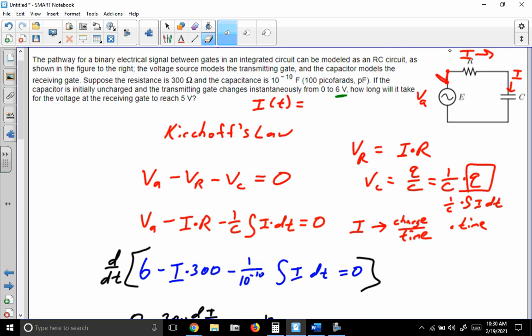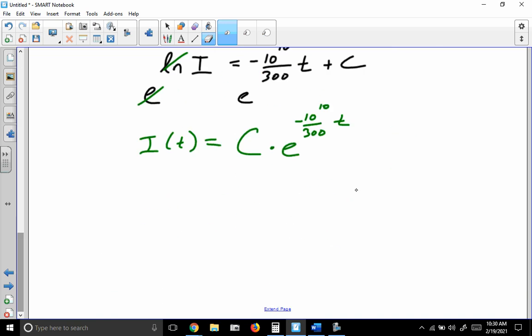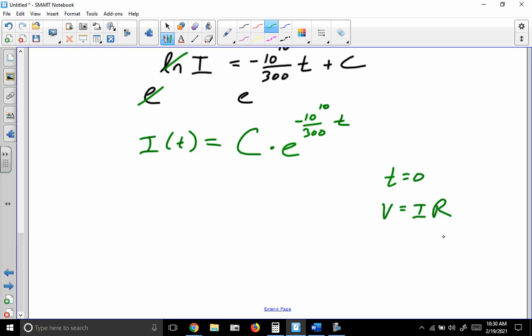So the current that goes across the resistor, at the moment we start, when time is 0, all of our voltage is going across the resistor. The capacitor is not resisting that flow. Remember, V equals IR. There's no voltage on the capacitor, only voltage going across the resistor.